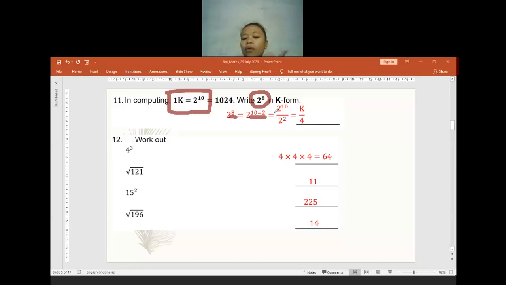The 2 to the power of 10 is equal to 1k, so I can write it as k only, or if you want to write it as 1k, that's also okay. 2 to the power of 2, I can change it into 4. That's why 2 to the power of 8, if I change it into the k form, will be k divided by 4. Is it clear, or is there anyone having any questions still?